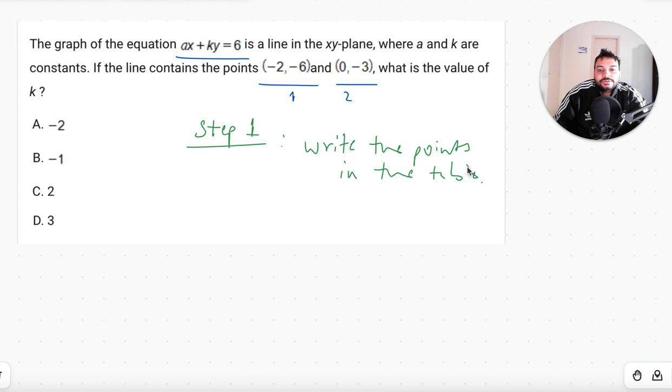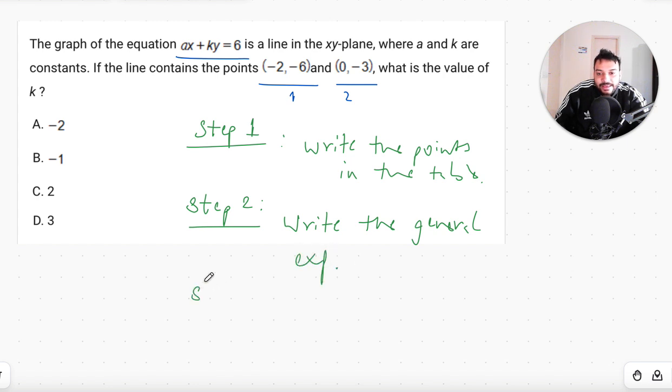Step 2: write the general expression. Step 3: write the regression expression. That's it.